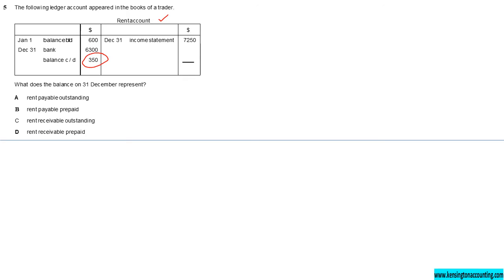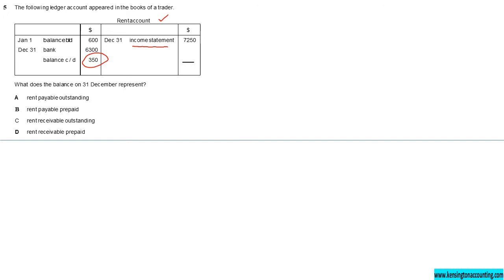So the first thing which we need to decide is whether this account is rent payable, which is an expense, or a rent receivable account, which is an income. So first we need to decide whether it is an expense or income. Now there are two ways of knowing this. The first, when we look at this entry of income statement in the rent account, the double entry for this would be to the debit side of the income statement.